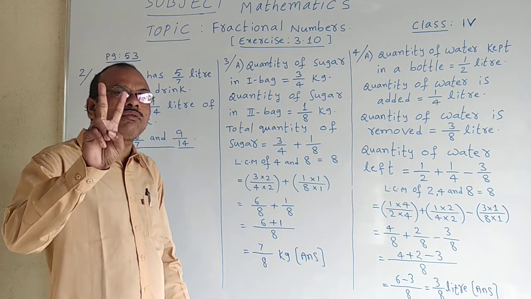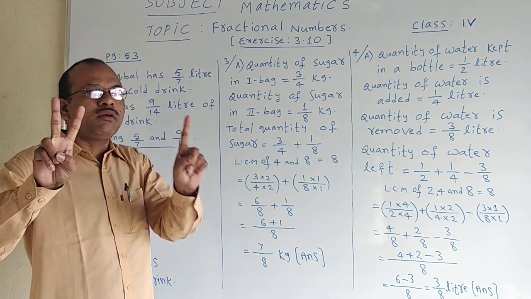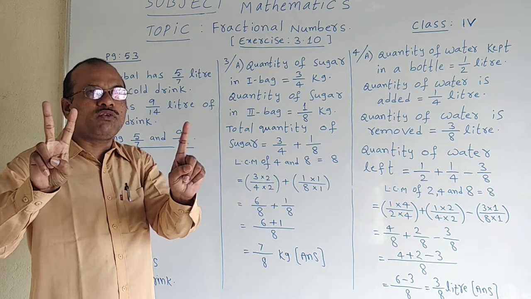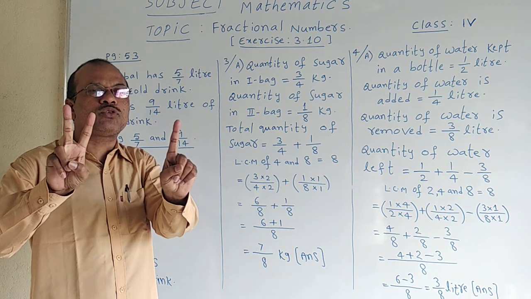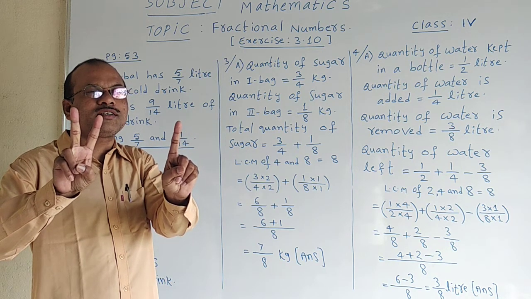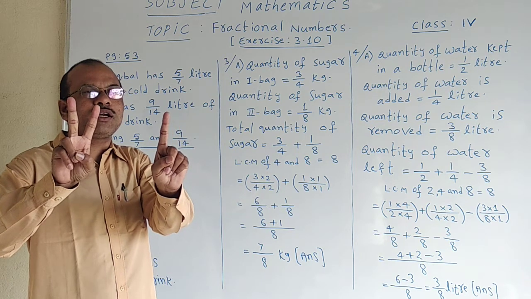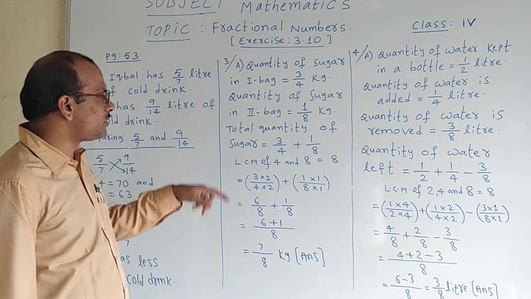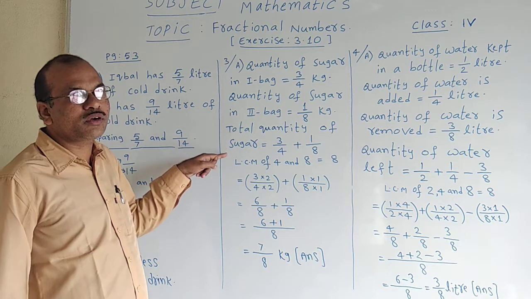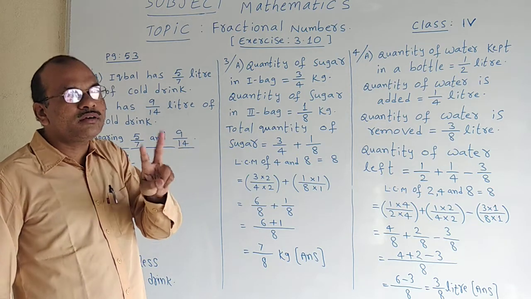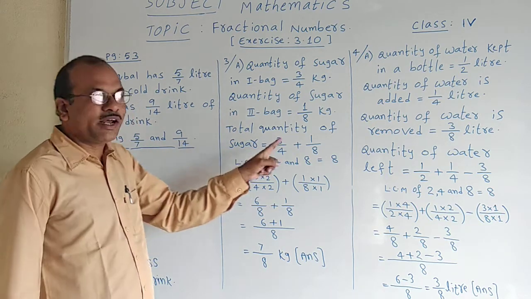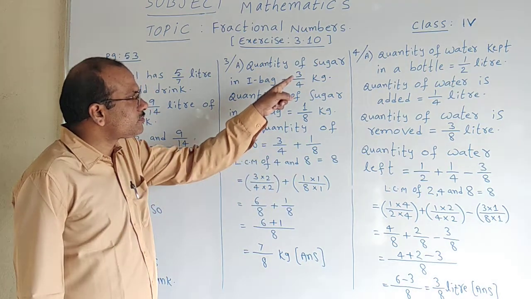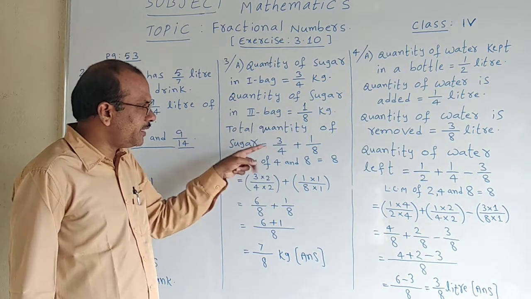Suppose I am showing two fingers here. Here I am showing one finger. Can you find the total number of fingers I am showing you? Yes, 3 fingers, because total means addition. Here also total quantity of sugar means we have to add both the fractions. 3/4 plus 1/8.